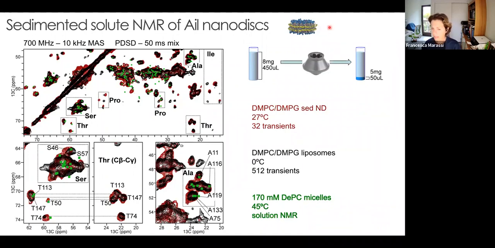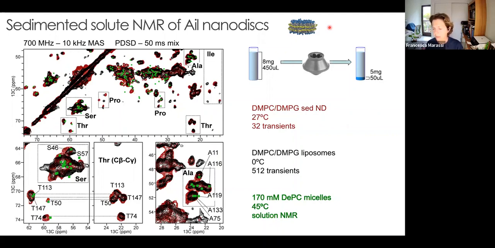And so they give nice solution NMR spectra, but those are nevertheless limited by the size of the sample. And so they don't allow us to visualize all of the extracellular loop signals.